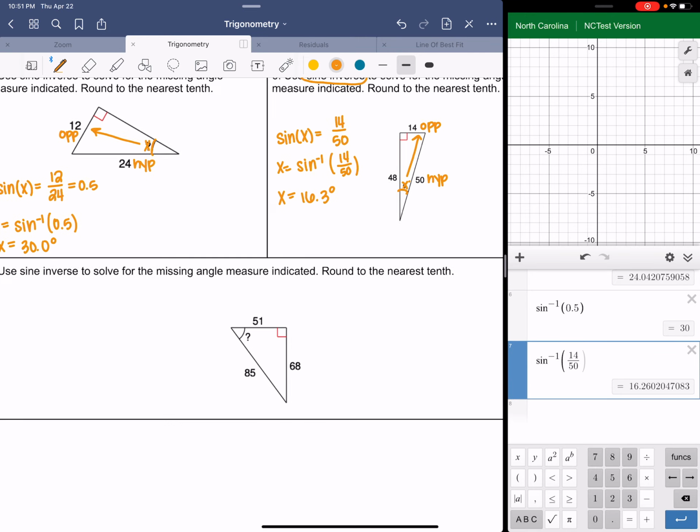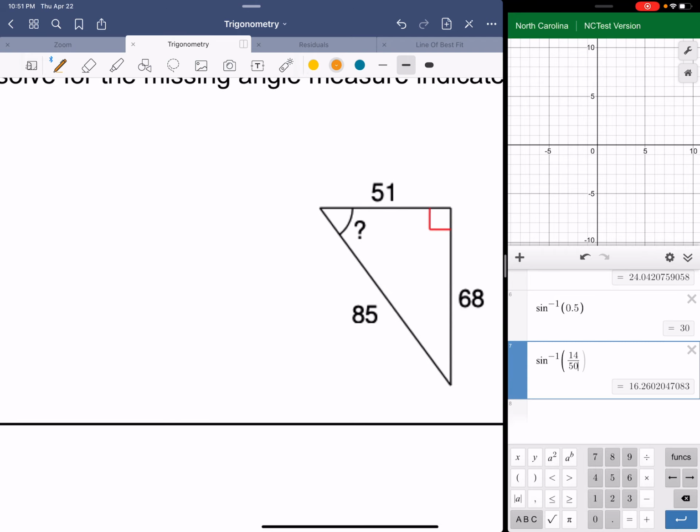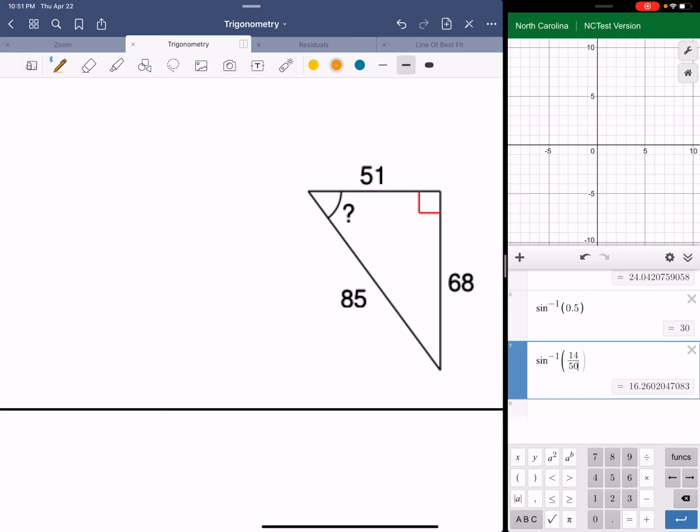All right, and this last one, it says use sine inverse. So again, we need to use the opposite and hypotenuse from the given angle. All right, so if this is x, we need to use the opposite side and the hypotenuse. So sine of x is 68 over 85.